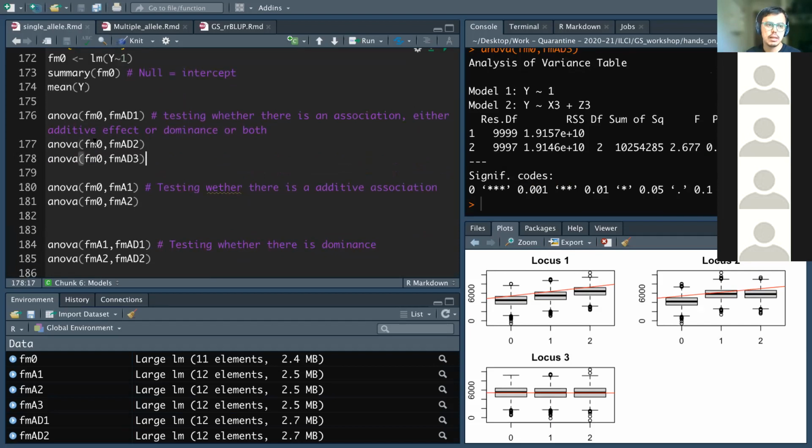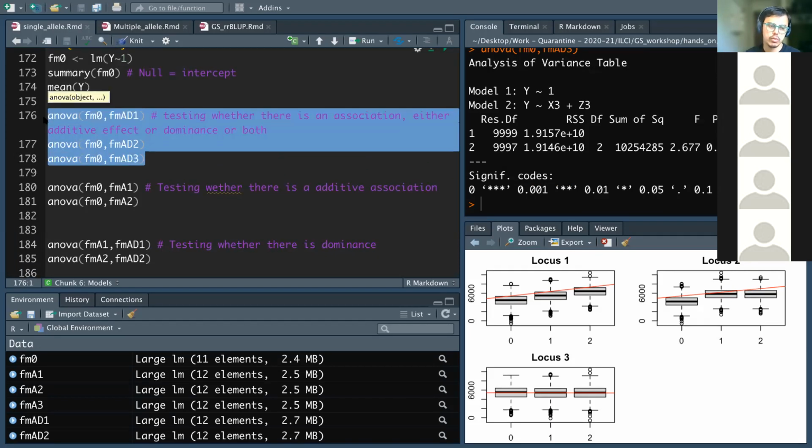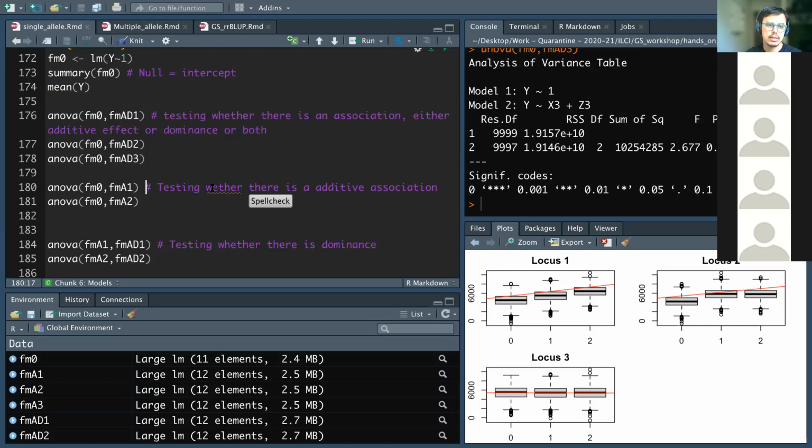But when you use the ANOVA to compare the mean of the population with the genetic effects, you can only say that you have a genetic effect. You are not sure whether your effect is additive or because of dominance. So what we're going to do now is test, for the two markers with a significant genetic effect, the additive effect alone against the mean of the population.